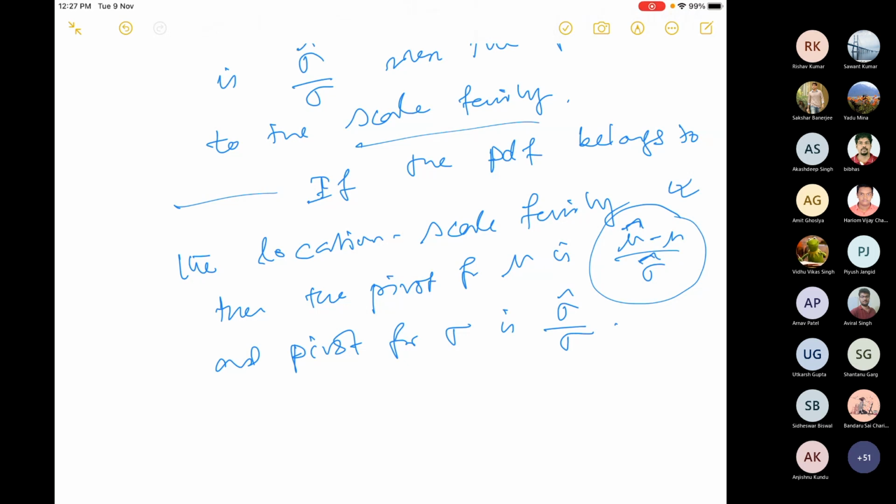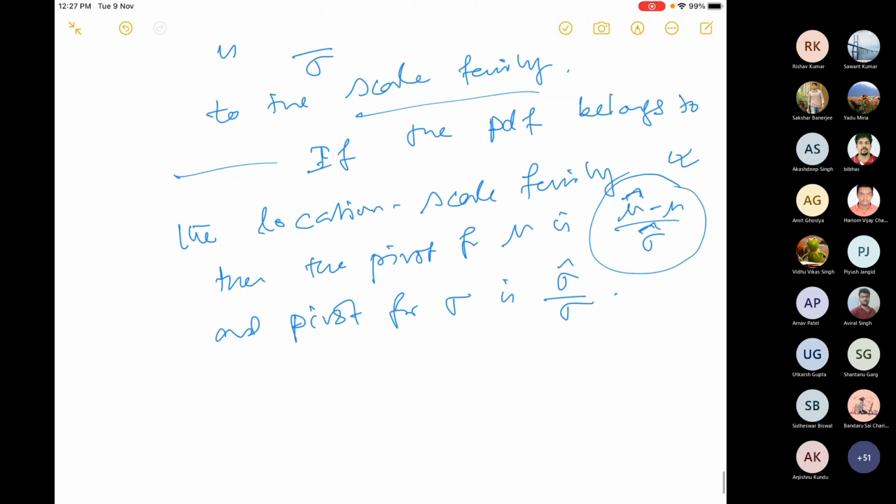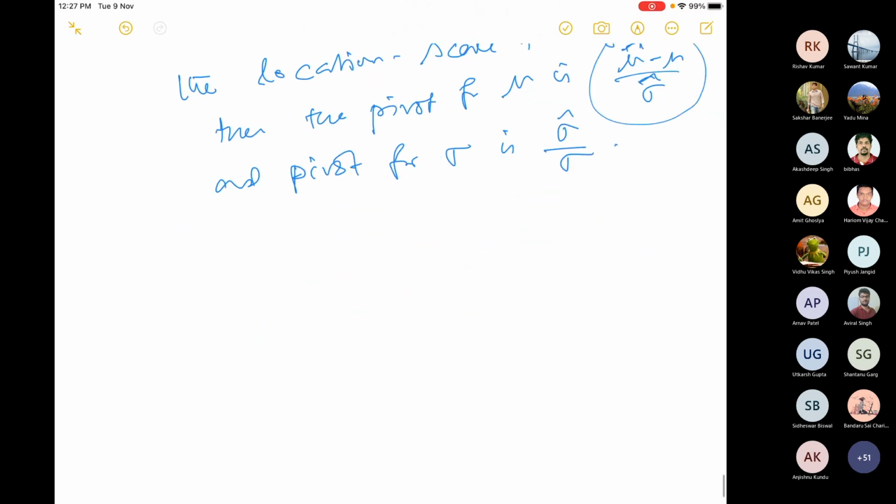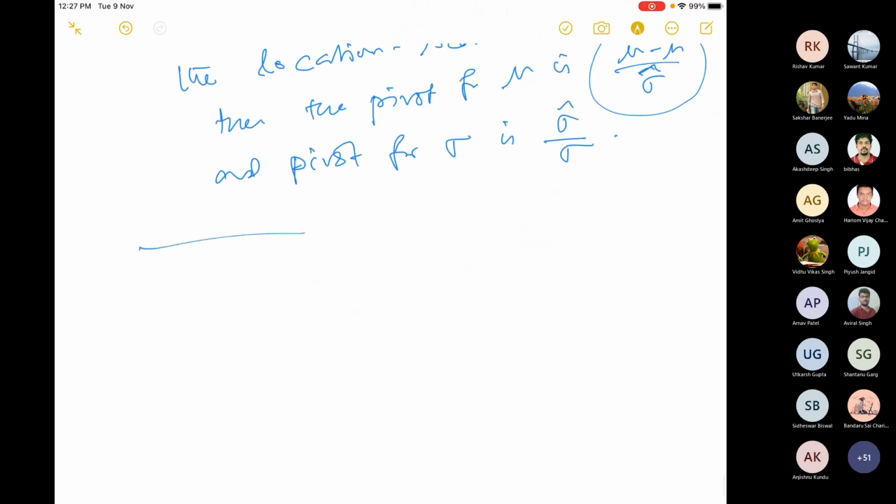Now, what was our original question? I want to find two statistics, and then I can define my confidence interval, and accordingly we'll have the probability. So if we recall what we discussed last day, Q is a function of x1 to xn and theta, whatever you want to estimate.